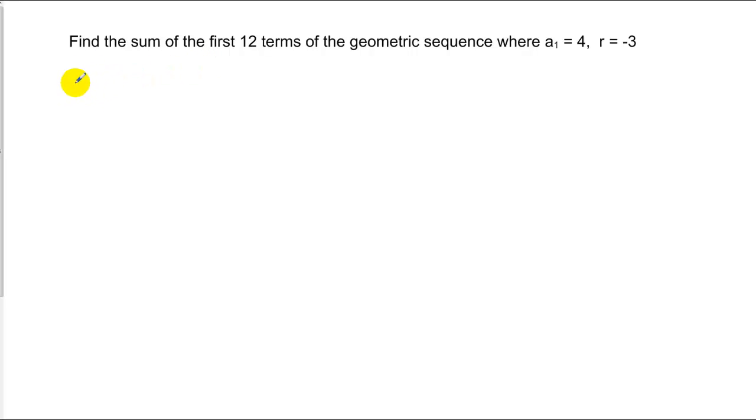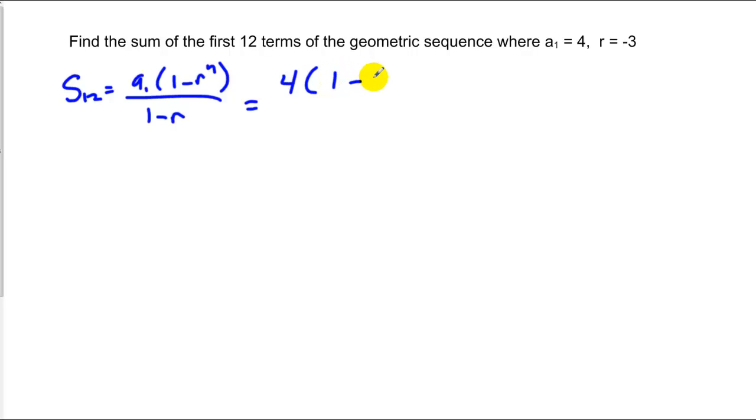We know that we're looking for, once again, s sub 12 is equal to the first term times 1 minus the ratio to the nth power over 1 minus the ratio. And you see, in this case, we've got a lot of this stuff already. We have the first term of 4. We have 1 minus the ratio, which is negative 3.